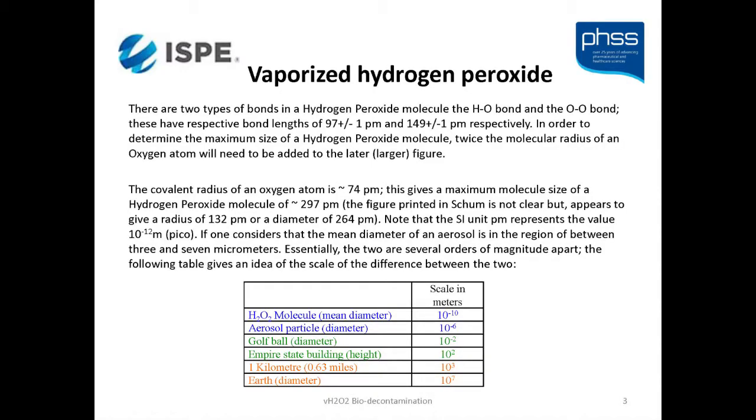So, a little bit finishing on application. The first thing, if we look at hydrogen peroxide itself, there are two components in there, the OO bond and the OH bond. These components deliver, once flash evaporated, a molecule size in the pico range, which is 10 to the minus 12.